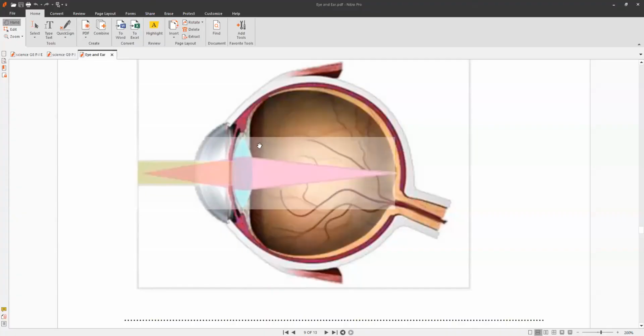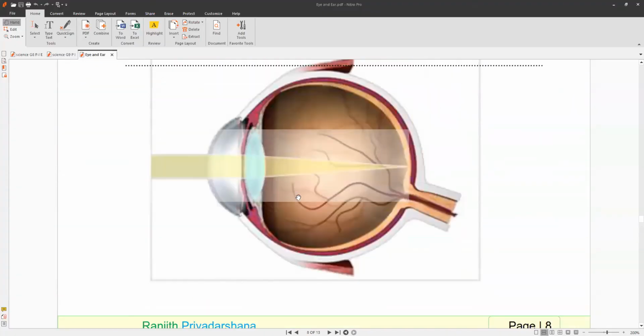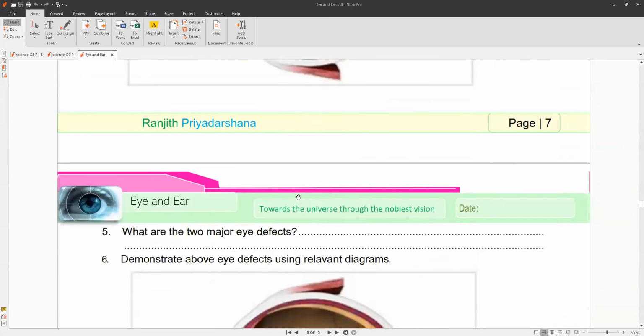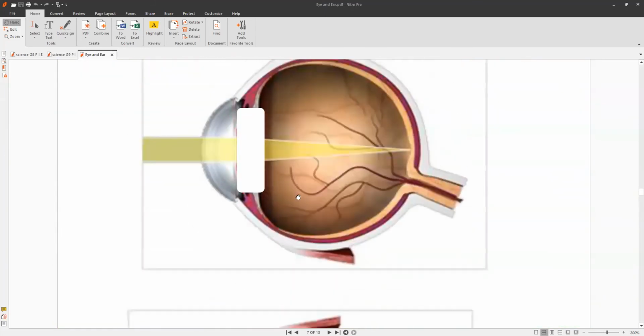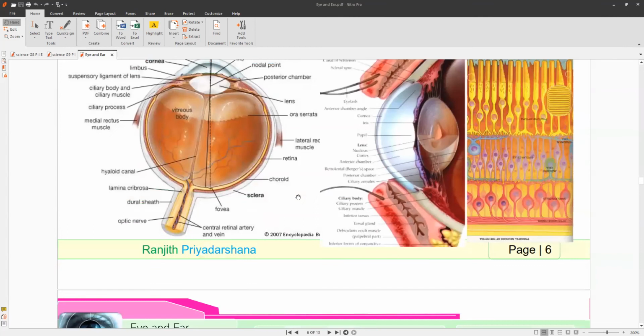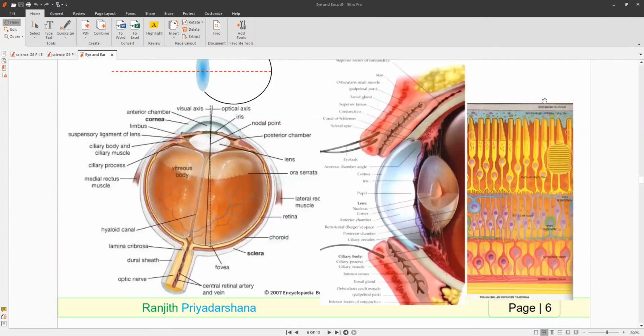Can you see this? So we have to draw these eye defects. Can you see these cone cells and rod cells of the retina?